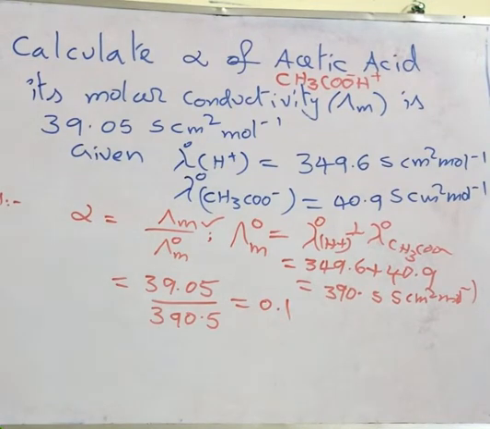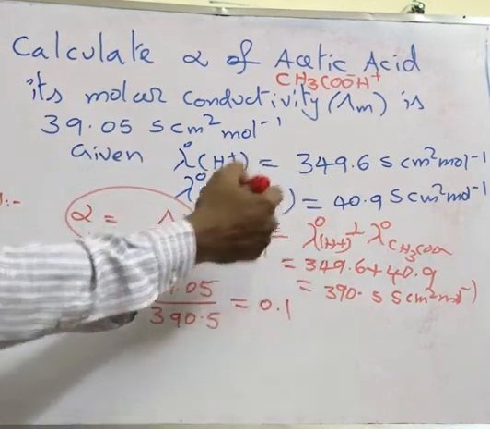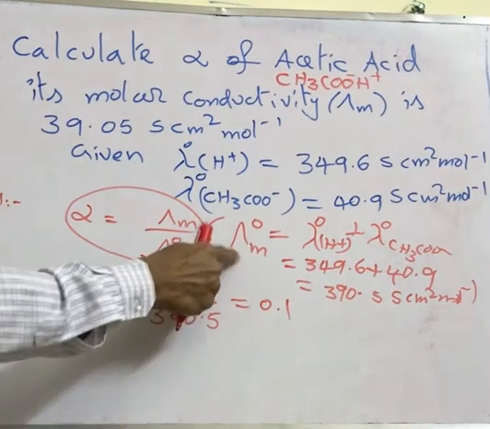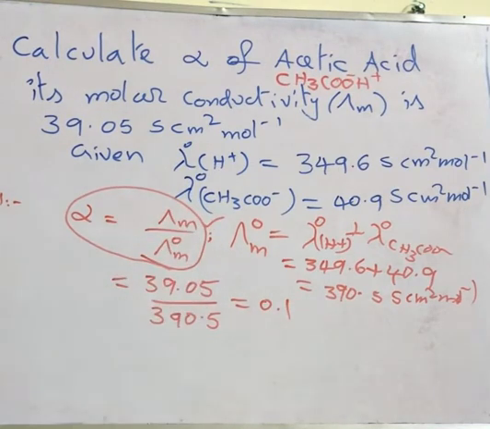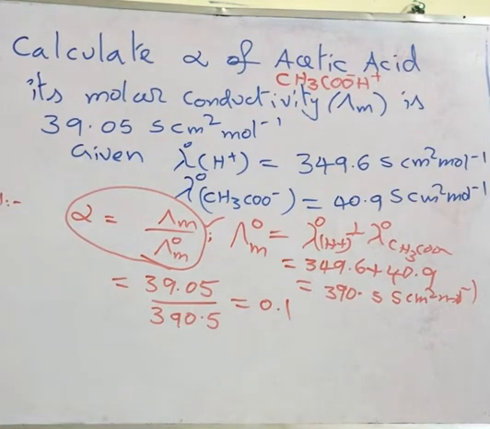It is a very simple problem. You remember, here we are using the definition of degree of dissociation equation and Kohlrausch's law. Kohlrausch's law is used for finding the infinite dilution molar conductivities of weak electrolytes, because it is very difficult experimentally to find it for weak electrolytes.